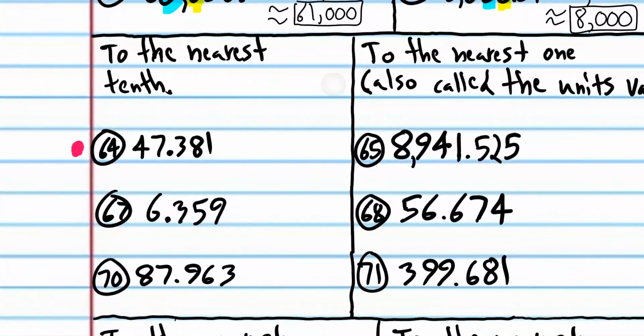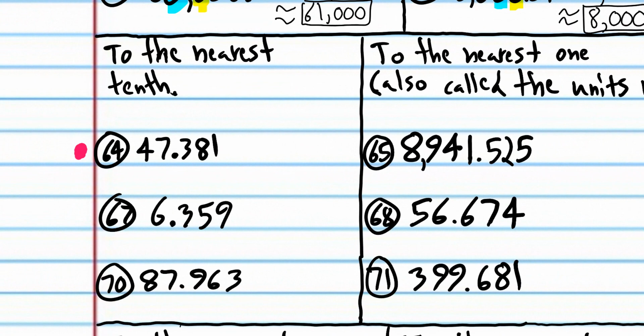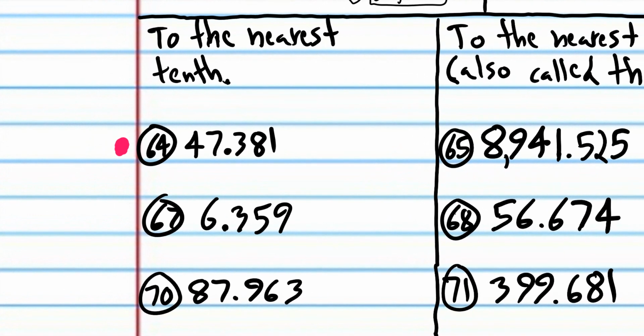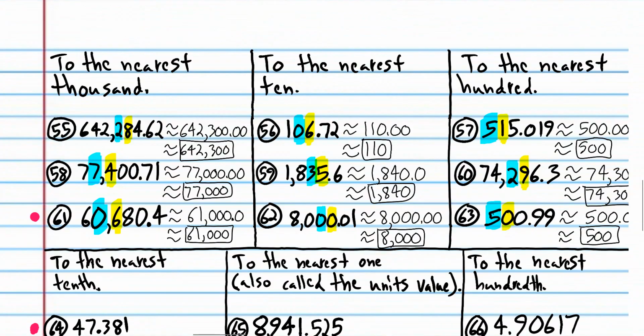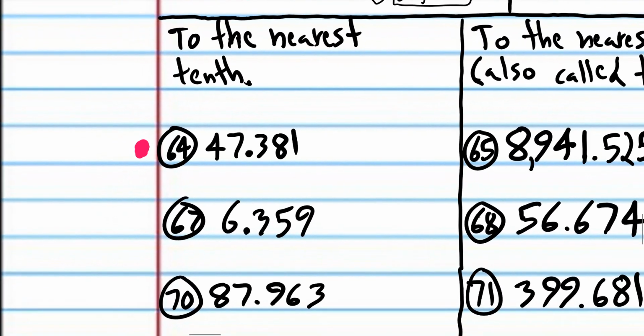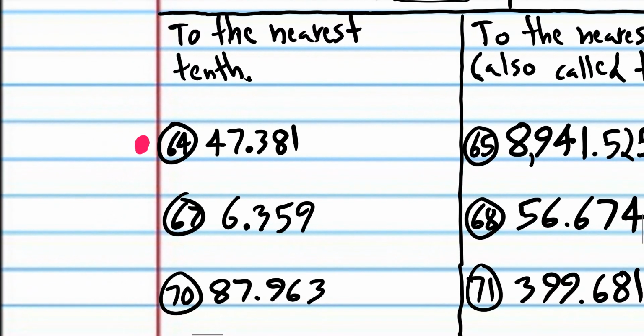All right, now we're going to round to the nearest tenth. The difference here is that in all the previous problems, the place that we rounded to, all the numbers were to the left of the decimal. So now we're rounding to the tenth.